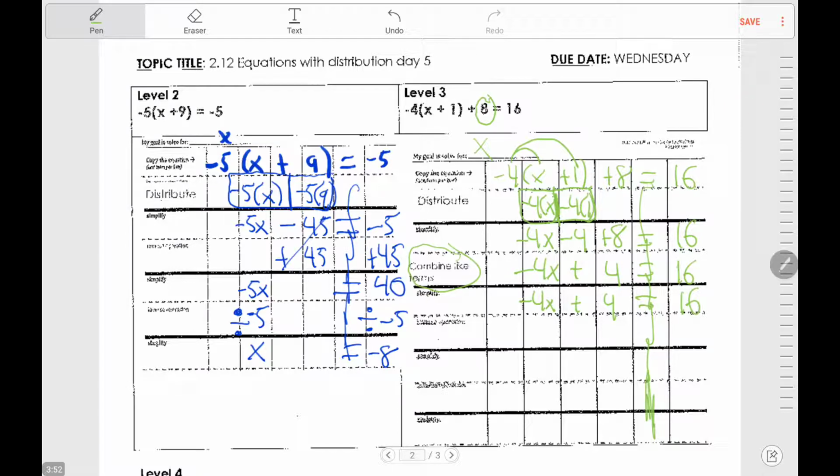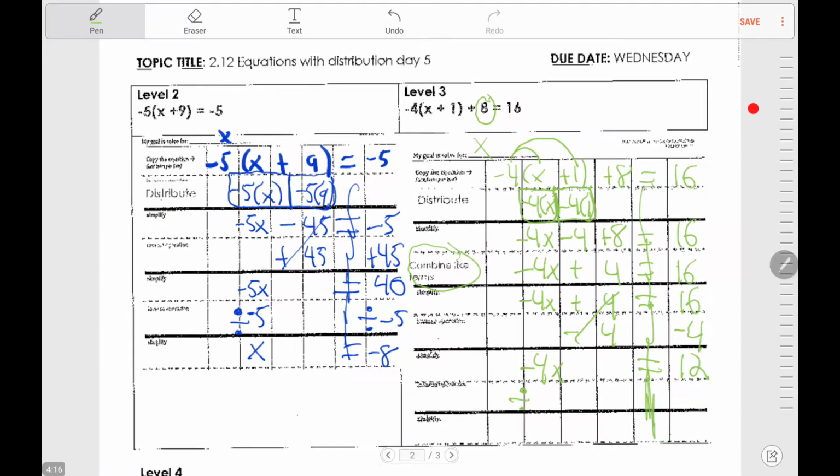Okay, same game, inverse operations. So we will subtract 4 from both sides. Okay, 16 minus 4 is 12. These guys cancel, so we have -4x equals 12. And another inverse operation.